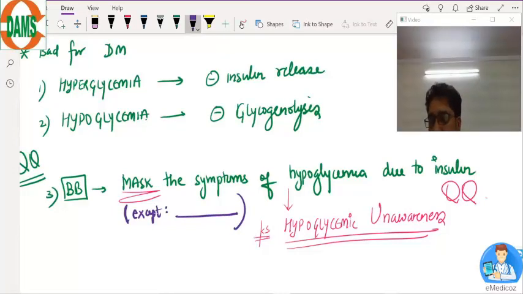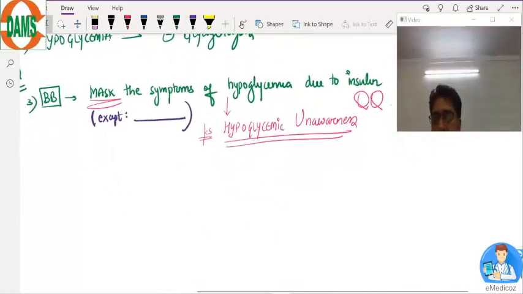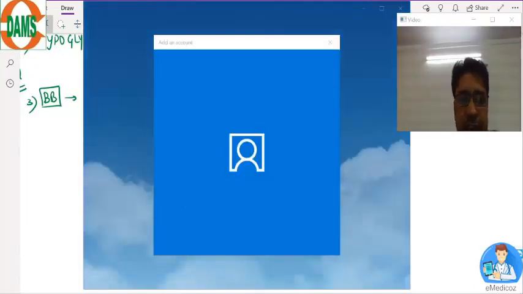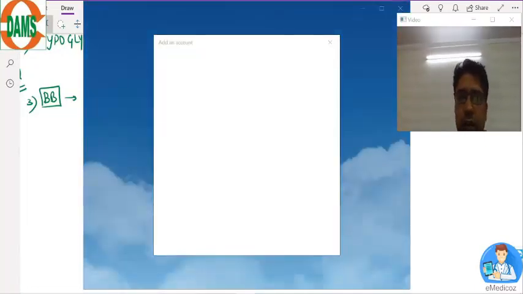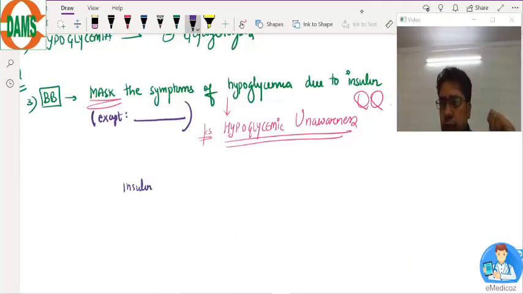Now let's understand this part, a very interesting part to understand. I'm telling you how it masks. Suppose there is a patient of diabetes and that patient is taking insulin. You know that insulin causes hypoglycemia.